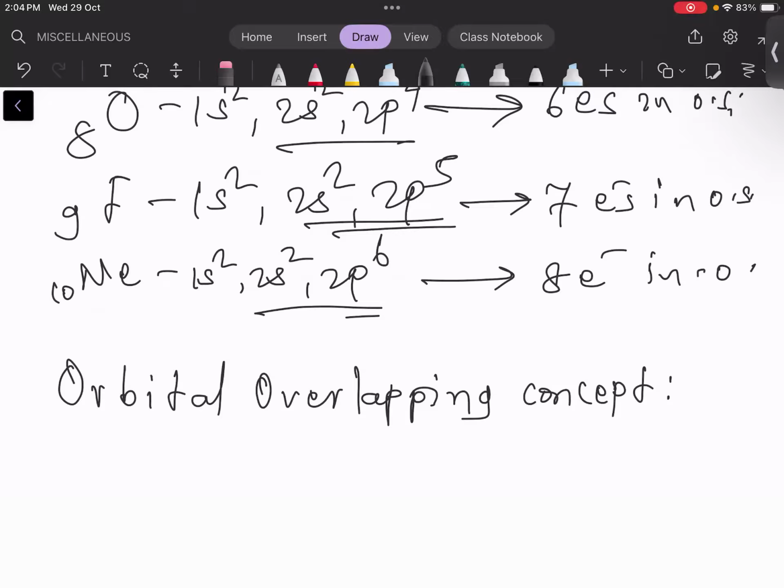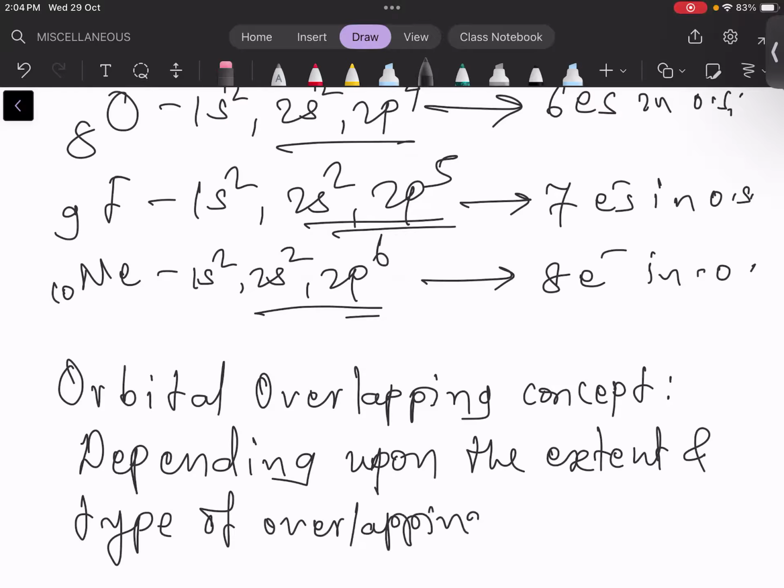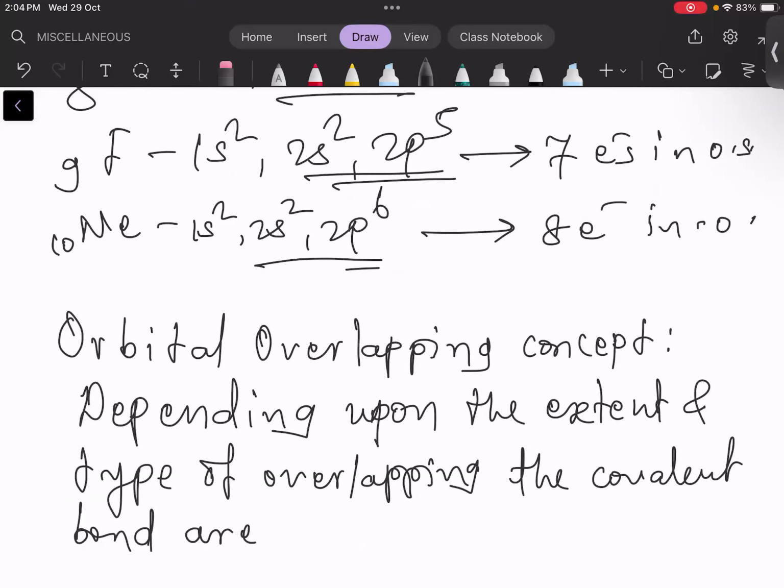So orbital overlapping concept: depending upon the extent and type of overlapping, the covalent bonds are of two types.